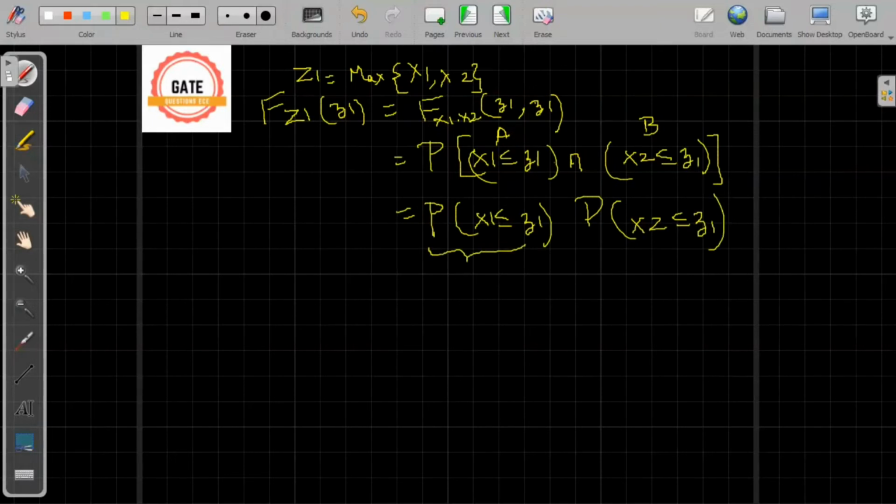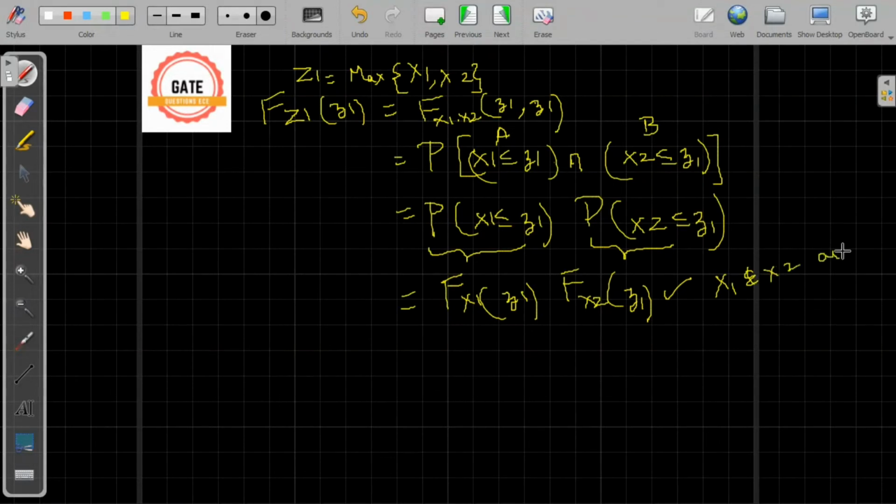This is the marginal CDF of X1 and this is the marginal CDF of X2. So this can be written as F_X1 of z1 into F_X2 of z1. So this is the final result when X1 and X2 are independent.